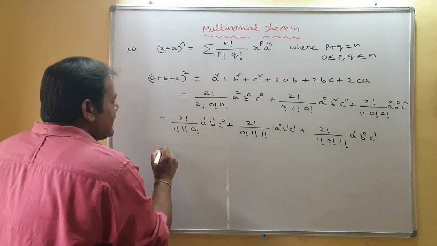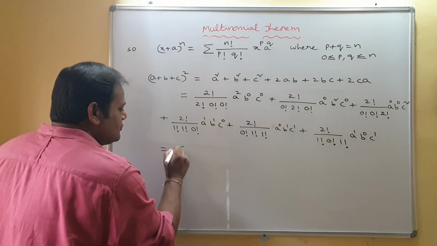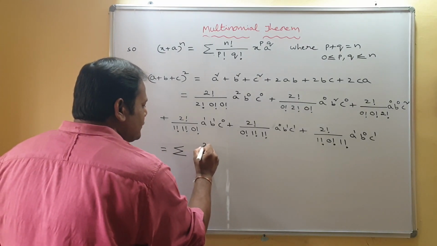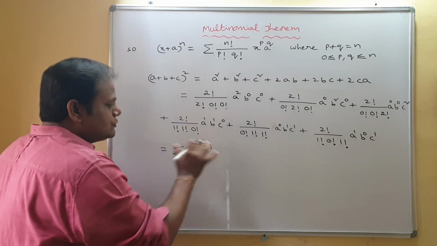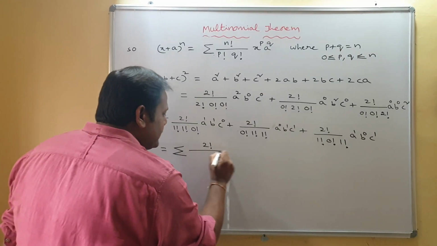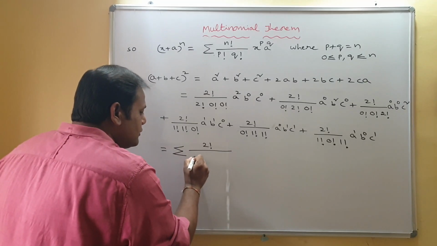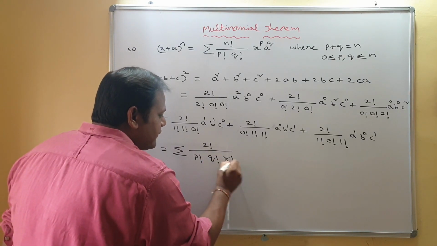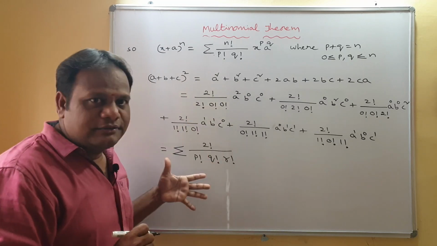So I can write this in sigma notation. So sigma 2 factorial, power is 2, so 2 factorial by P factorial, Q factorial, R factorial.